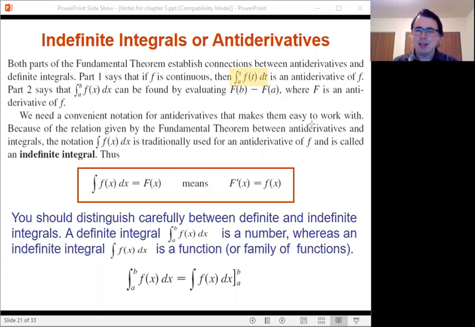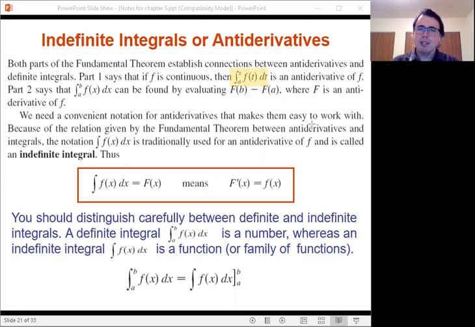Well, that means that one of the antiderivatives of 3 times x squared is x cubed. And I can use that antiderivative to compute definite integrals, the same way that we've been doing for a little while now. So the more antiderivatives we know, the more kinds of integrals we can calculate.